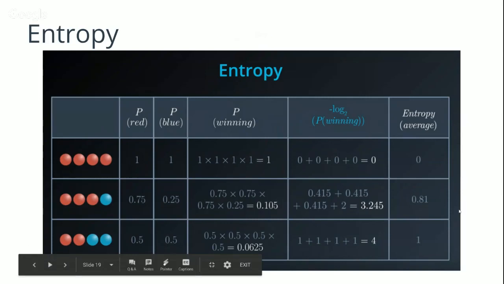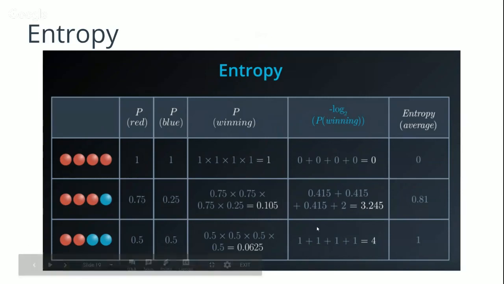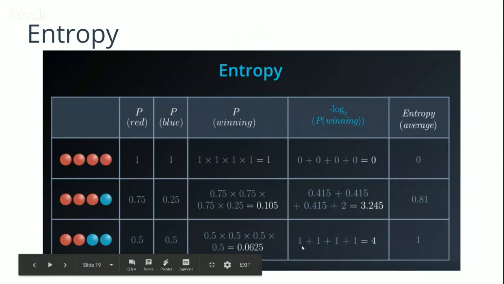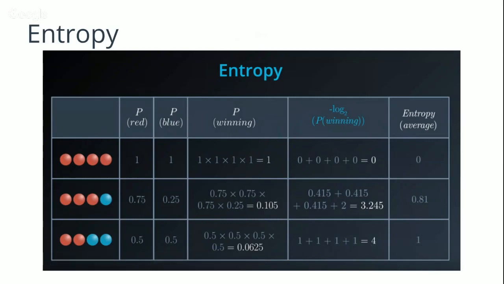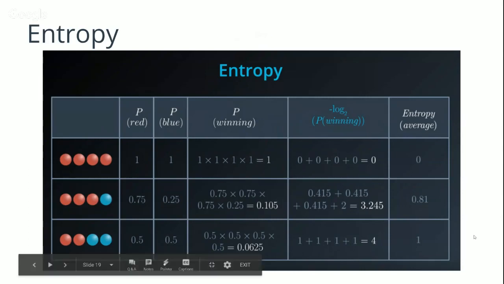This is log base 2. So you'll get 1 plus 1 plus 1 plus 1, because negative log 2 of 0.5 is 1. And then you sum that up, and for the average, you divide it by how many times you reached in with replacement. In this case, it's 4 times, and the average would be 1.